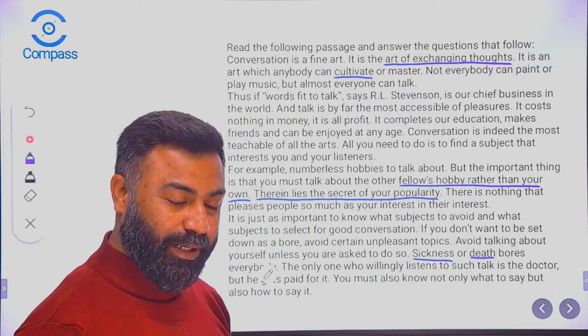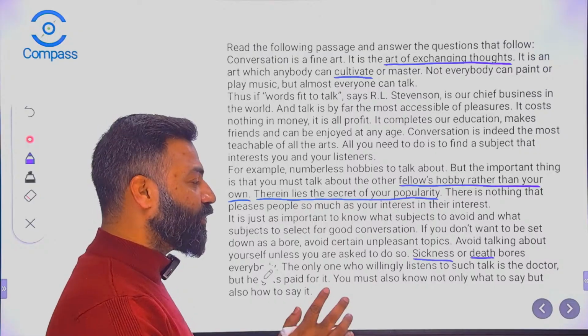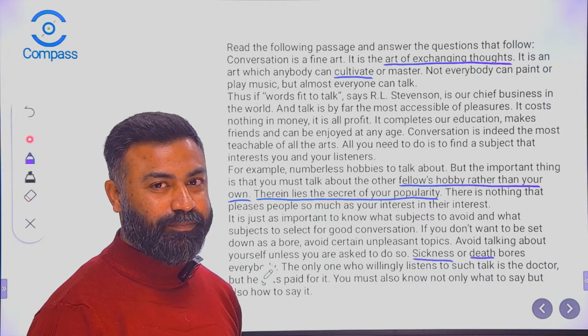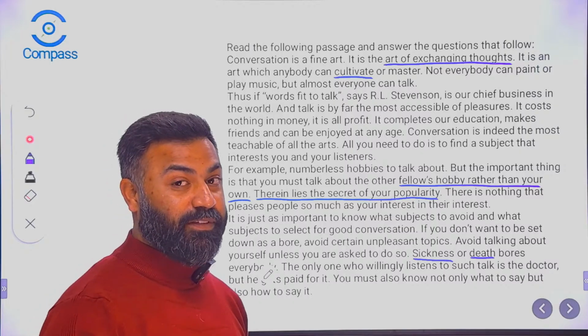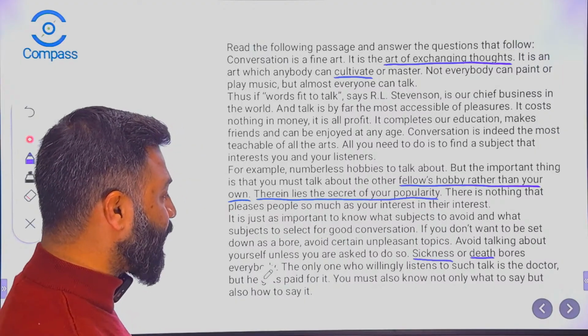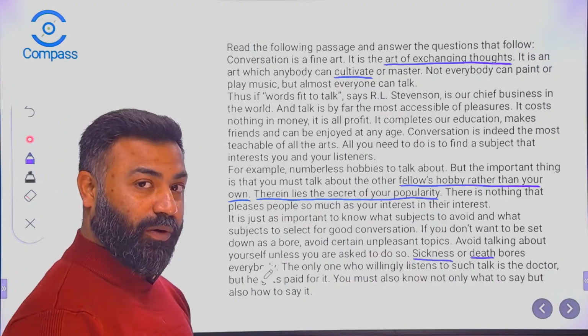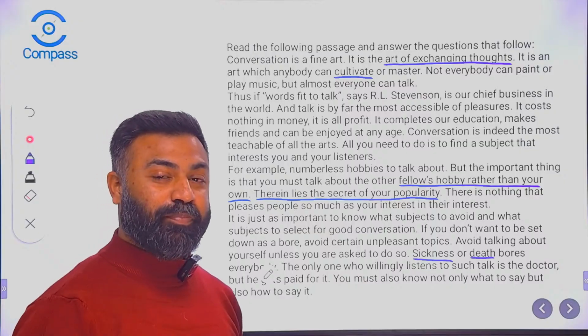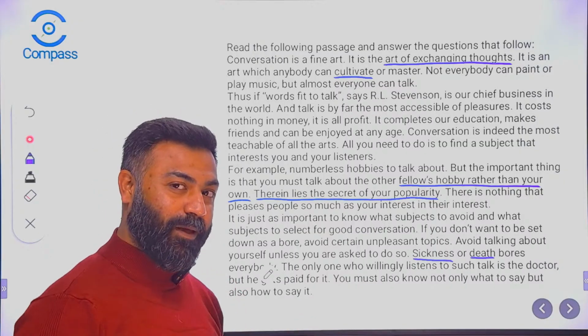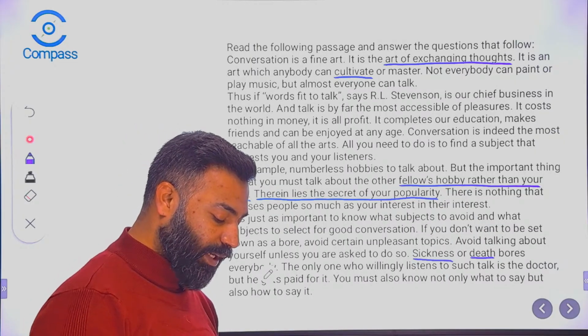It is giving us the example of two things, sickness and death. Don't talk about it. Don't highlight the matter of sickness or death. So that's the example that has been given in the passage. There is a person who gets paid to listen to such things, that is a doctor. So we should refrain from talking such topics.